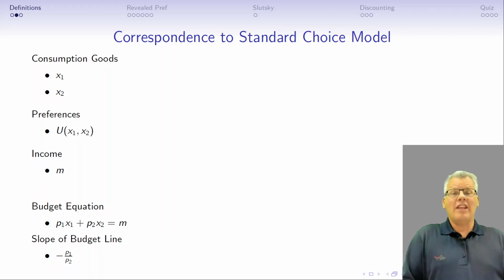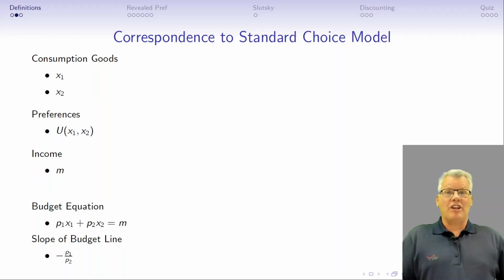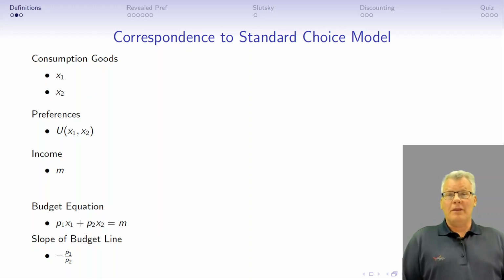We could rearrange this equation to isolate x2 on the left-hand side, put everything else on the right, and then we got an expression for the slope of the consumer's budget line. And that was negative P1 over P2.